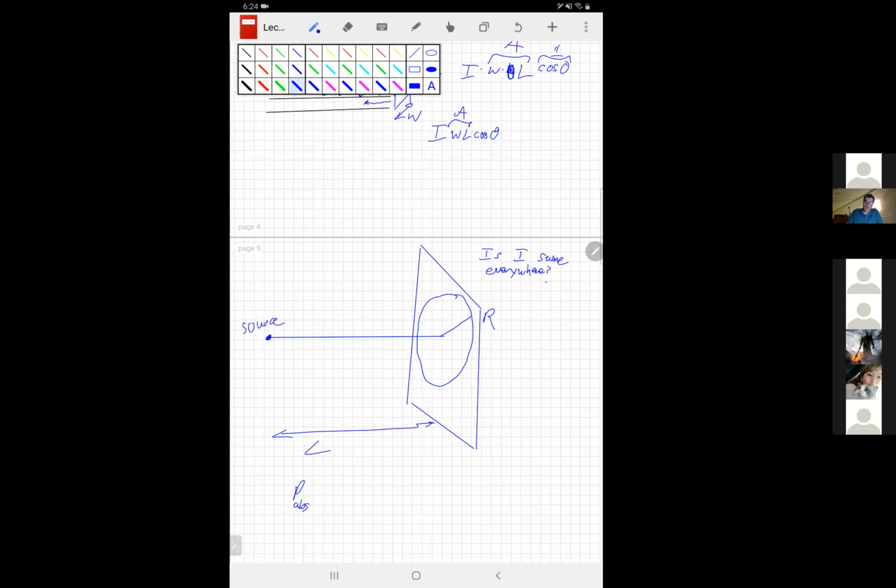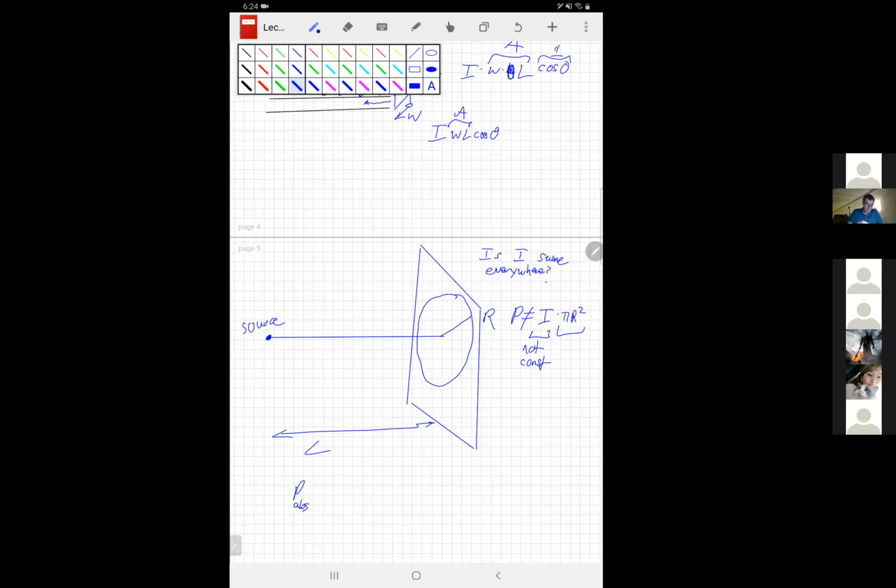No. So if the intensity is not the same, that doesn't mean we can just multiply I by, I don't know, pi r squared. I mean, pi r squared is indeed an area. It's the area of the thing, but I is not constant.